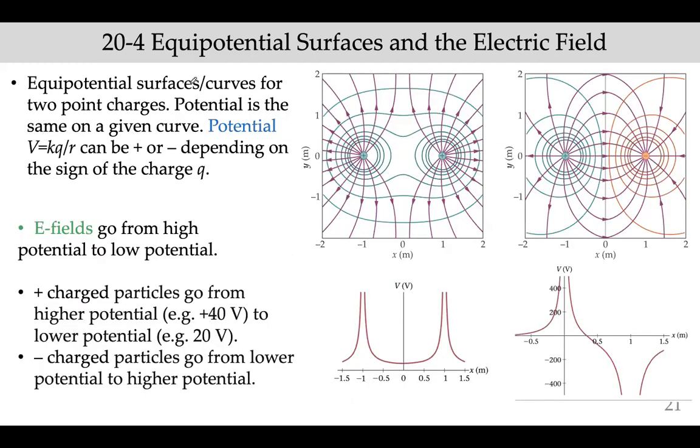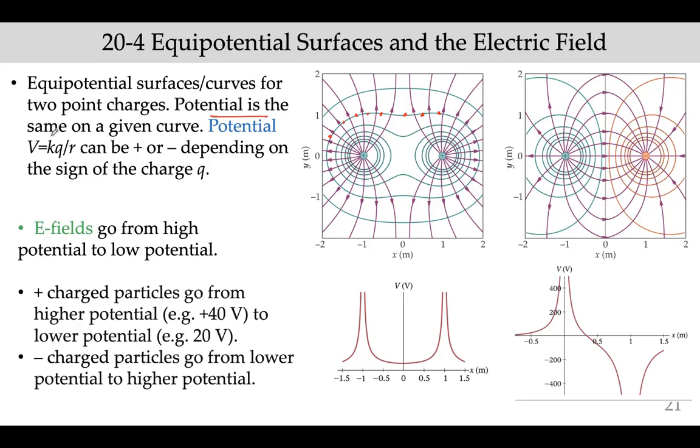Now, equipotential means a surface or a curve where, if you are on it, the potential at all points on that given circle or surface is the same. Here you see equipotential surfaces or curves for two charges. In this case, we have plus plus, and on the right-hand side, we have plus minus.